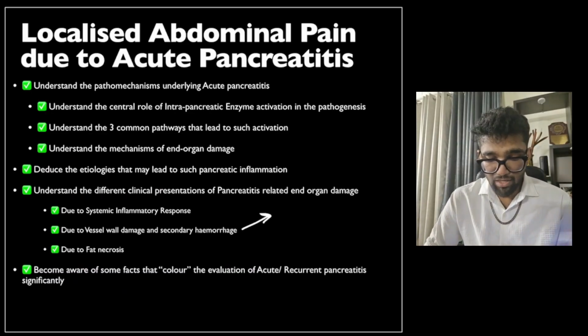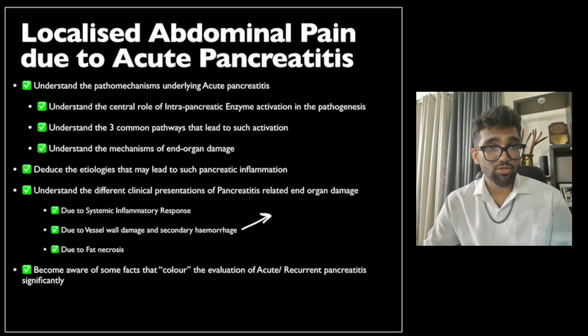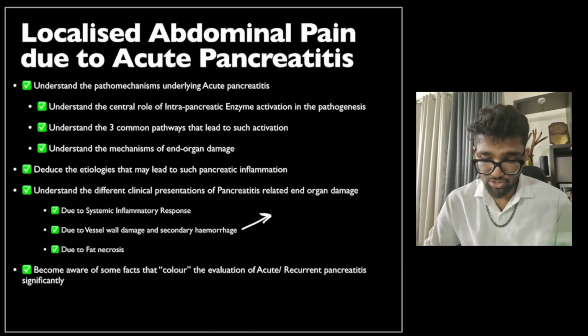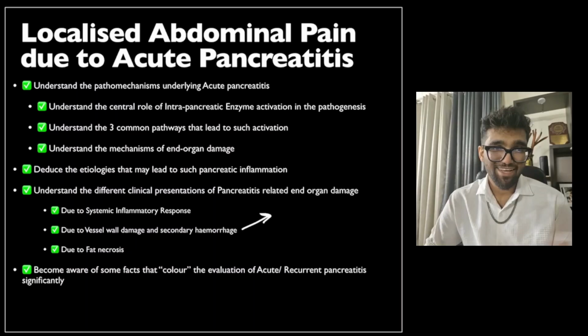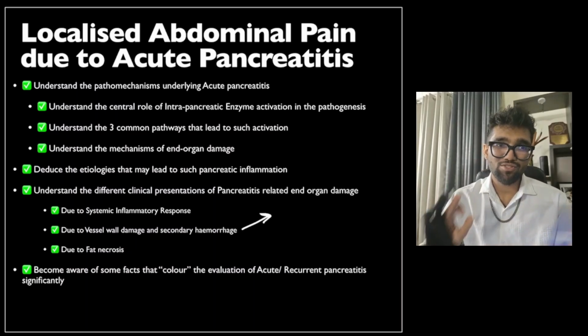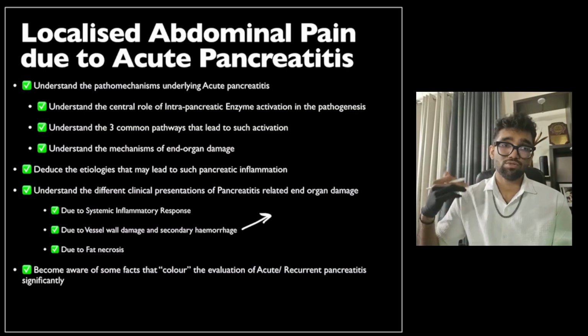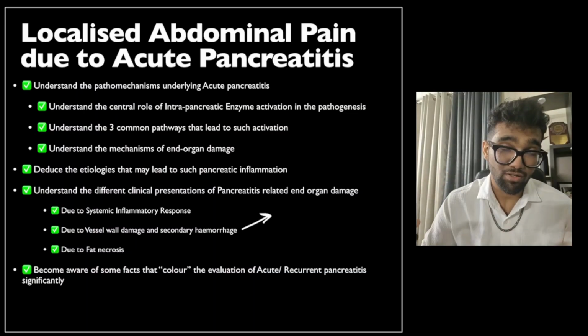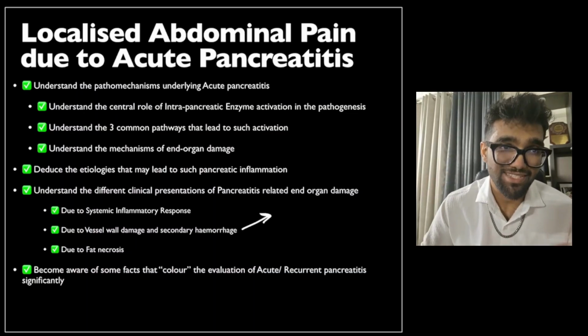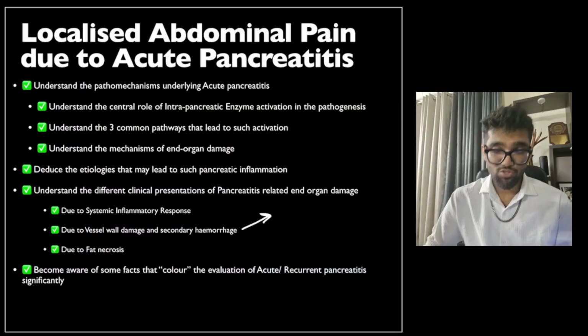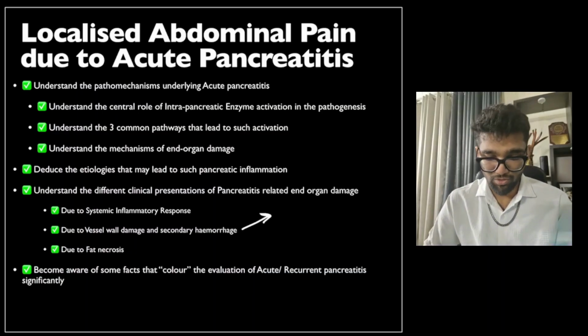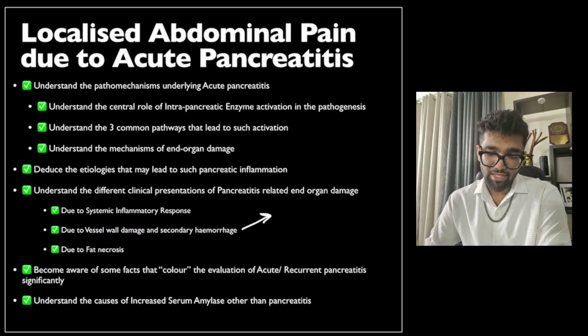Then we become aware of some facts that color the evaluation of acute pancreatitis. That is basically that more than 95% of pancreatitis are caused only by four causes, and of that, ethanol and gallstones constitute about 94% of even those cases. So these two are by far the most common cause. We've understood the other causes of serum amylase elevation.